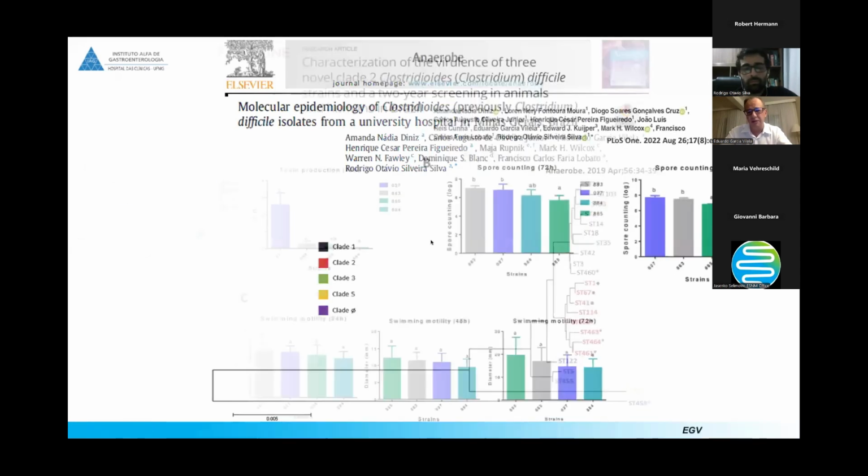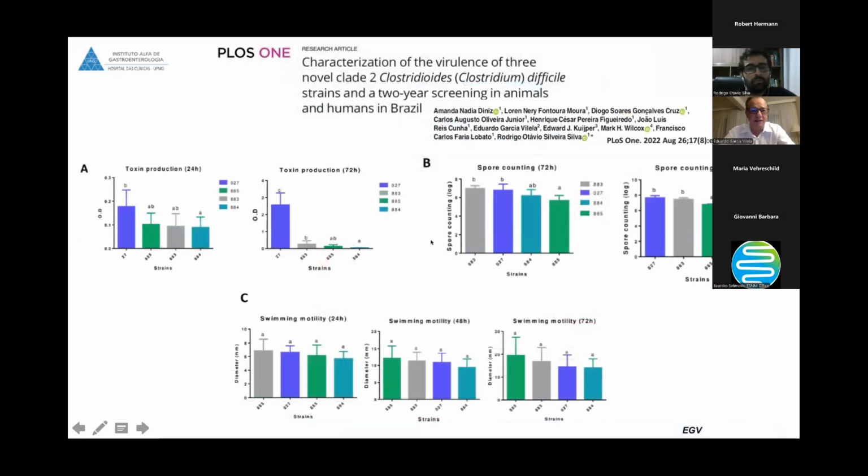And in another study, when we analyzed how virulent they are, looking at toxin production, ribotype 027 produces more toxin than the main ribotype that we isolated here, which causes some worry in our institution. It is the 883 ribotype.